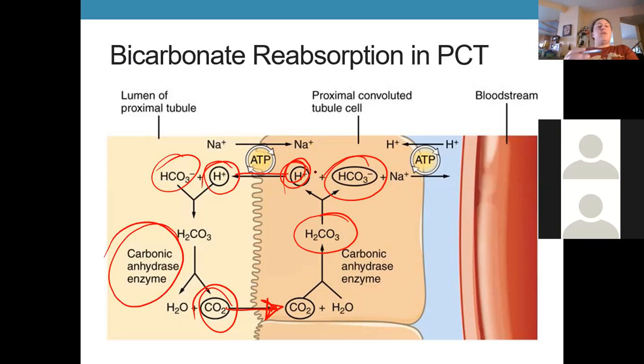So we're using all those hydrogen ions not only to exchange charge for those sodiums, but also to help us recover bicarbonate. And then the bicarbonate gets pumped out here and it ends up back in the blood. So this is part of how we're maintaining blood pH by recovering this stuff from the filtrate.